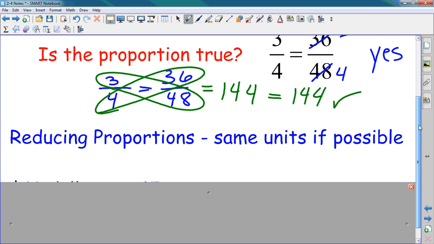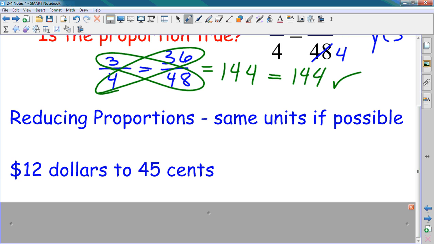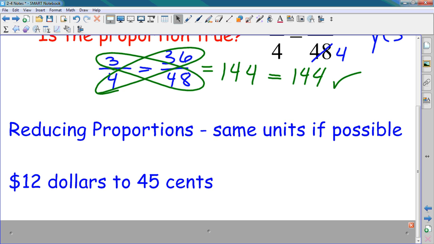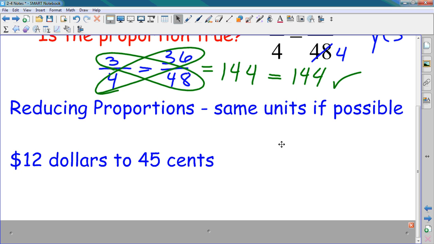Reducing a ratio: make sure you have the same units, if possible. Some things you can't have the same units, but some things you can. Make sure if you can, you reduce if possible. For example, if I have a ratio $12 to 45 cents, I need to reduce it, but how can I do that?